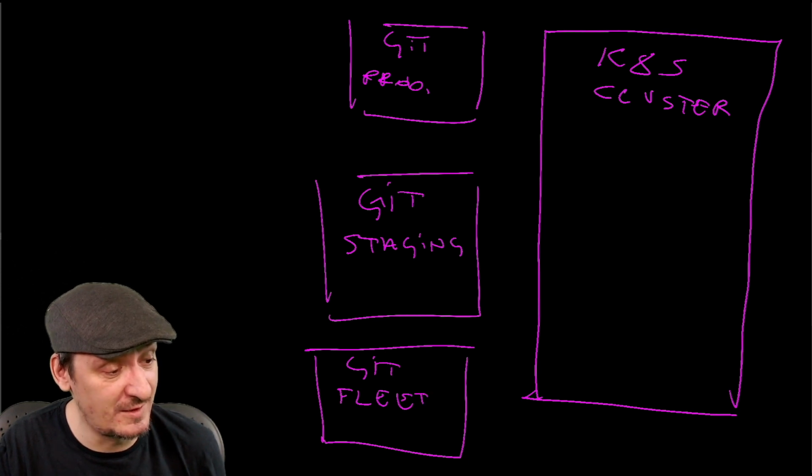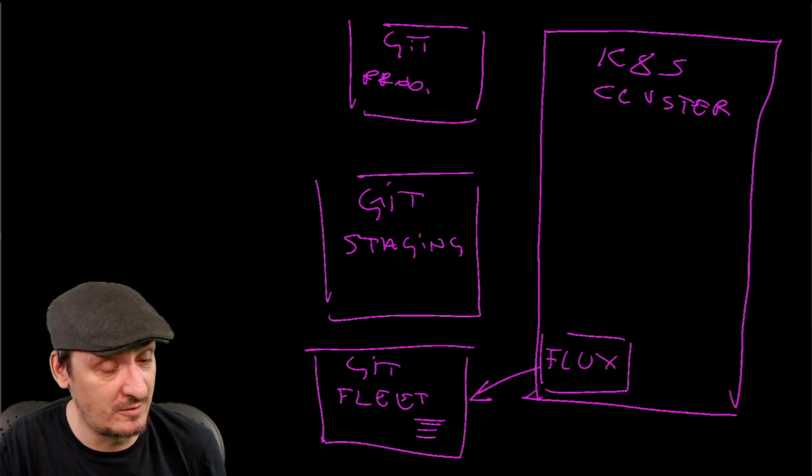And that repo contains manifests that are required for setup and maintenance of Flux. So some files were added here, and then Flux was installed inside of the cluster, and from now on, Flux is monitoring this repository. Every time something changes in this repo, it will be reflected in our cluster.